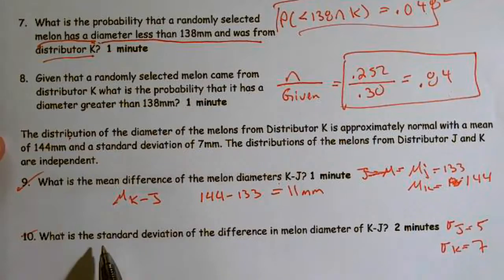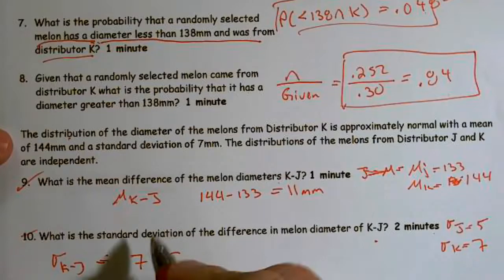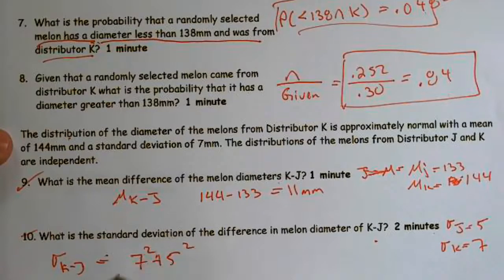But what this next thing was asking for is for you to subtract standard deviations. It was trying to lead you to go, okay, we want the standard deviation of K minus J. And then what we're trying to trick you into doing is going, all right, that's 7 minus 5. Well, you should have been told that you can't subtract them; you have to square them, add them, and take the square root. That's what it was looking for.